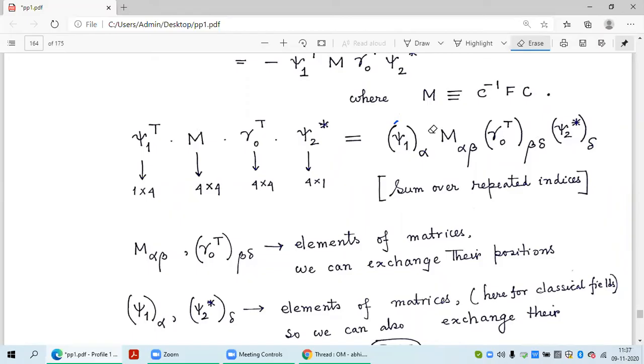But here, if we take only classical fields, then we can easily swap. We can bring this in front because so far as classical fields are concerned, they are just pure numbers, not operators.